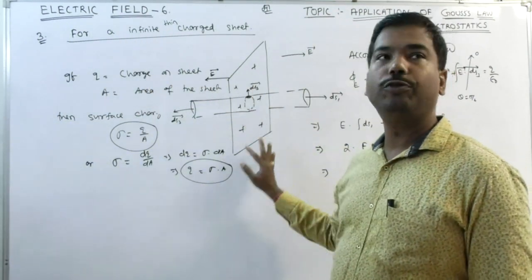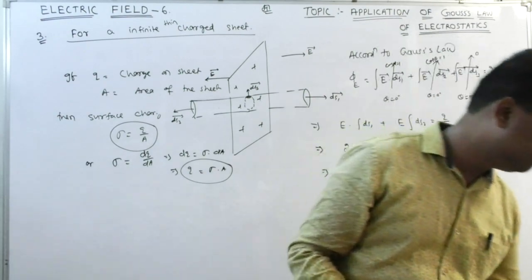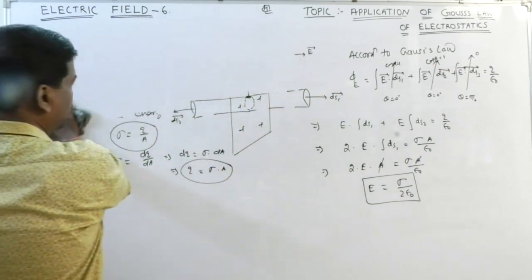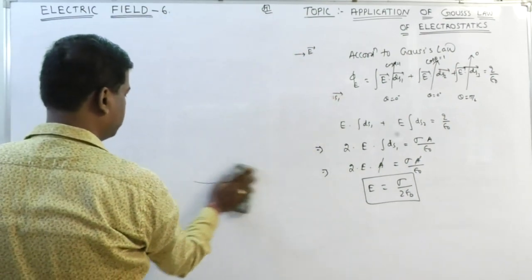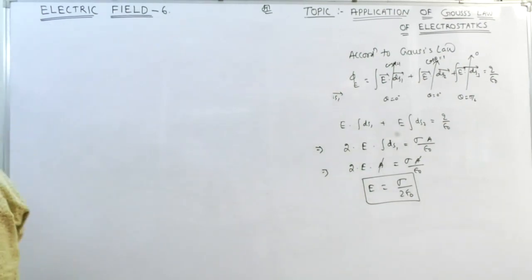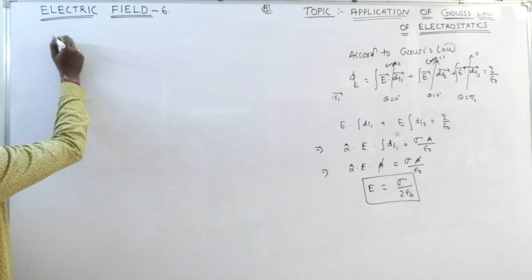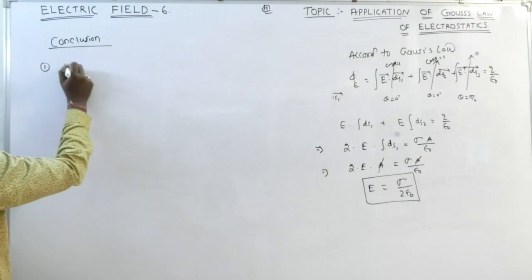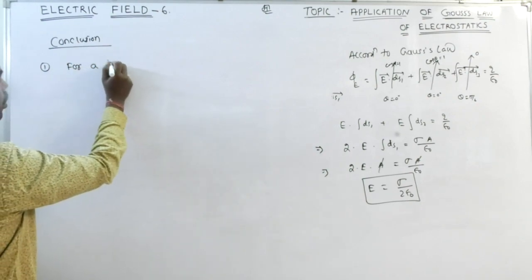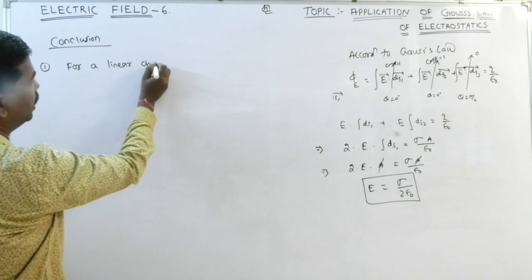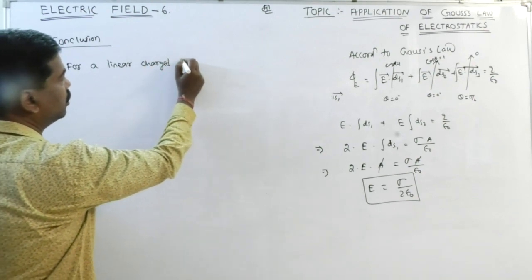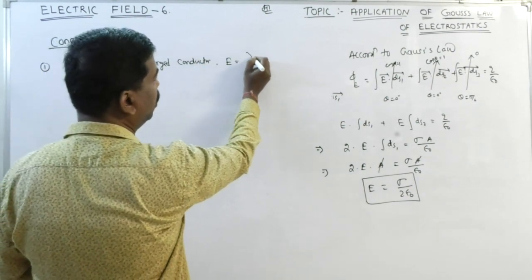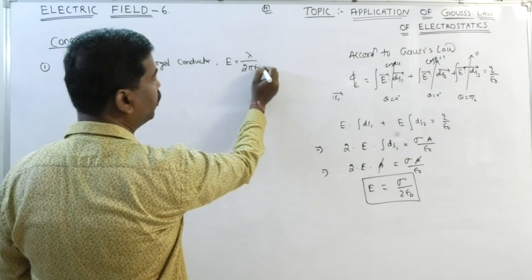Listen to me. From the above, whatever conclusion we got is very, very important. Conclusion 1. For a linear charge conductor, E is equal to lambda by 2 pi epsilon 0 r.